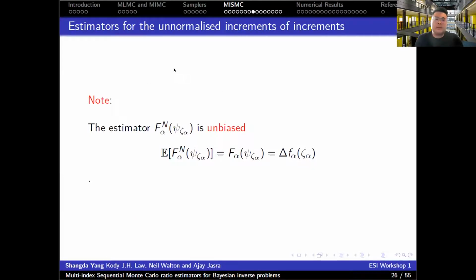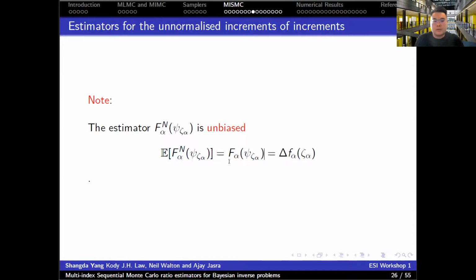So note that the estimator for this unnormalized target is unbiased. This is important for us to show that this is theoretically bounded.